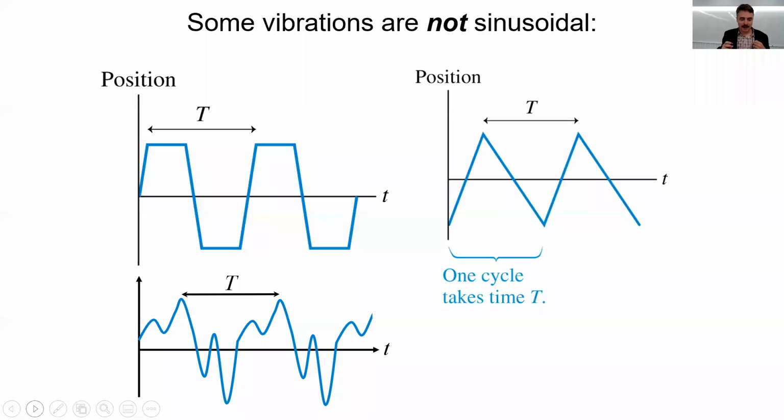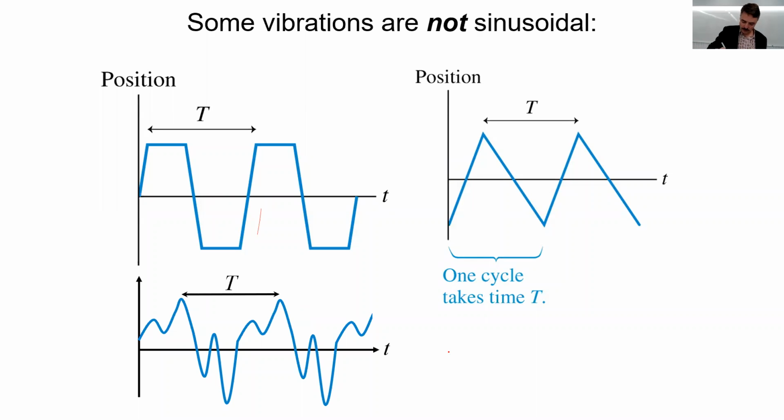I want to mention, this is just about period and frequency and how they're related. This is how the chapter starts out. So if you have position versus time, sometimes it repeats. So it might go up, down, up, down. It might go in a triangle. It might be a very complicated pattern, but every time it repeats, that repeating motion has a period.